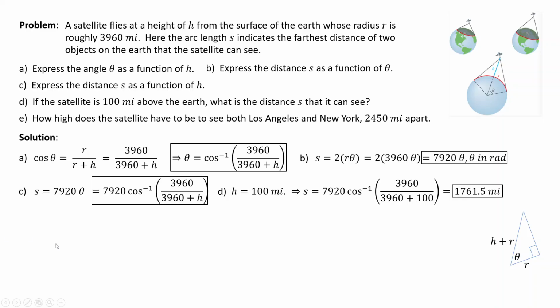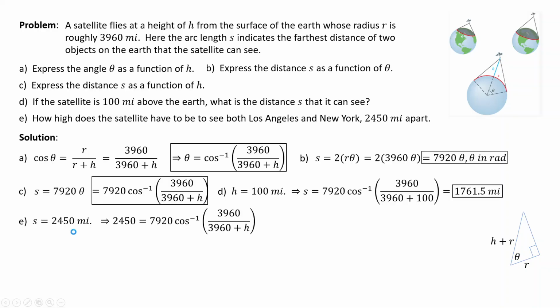Fascinating. Finally, E. How high does the satellite have to be to see both Los Angeles and New York, 2450 miles apart? So we can go to this formula in part C and use that. The only thing is we know S to be 2450. What we do not know is h.